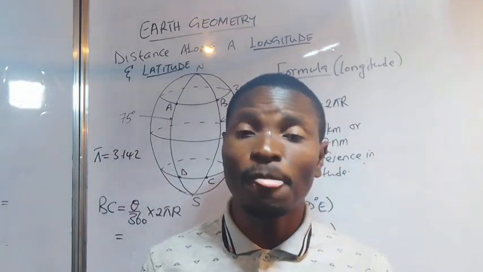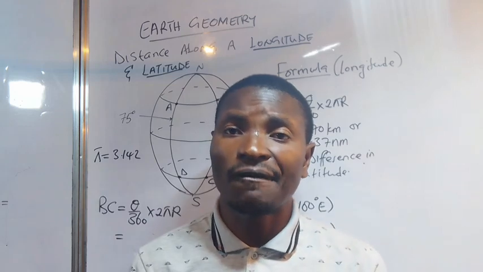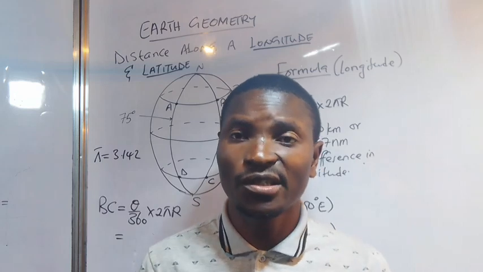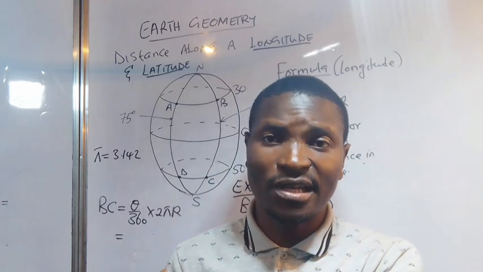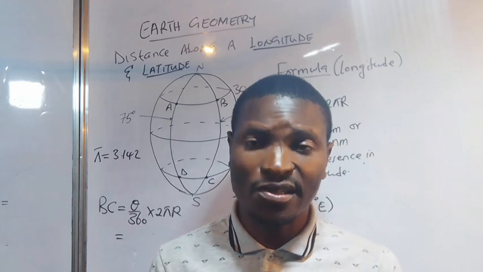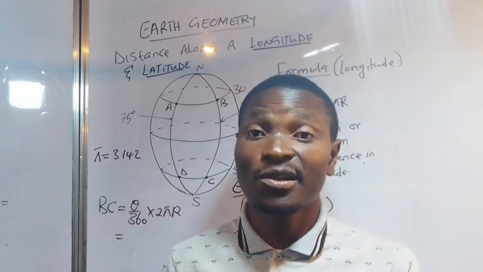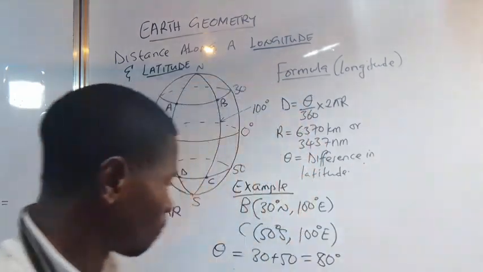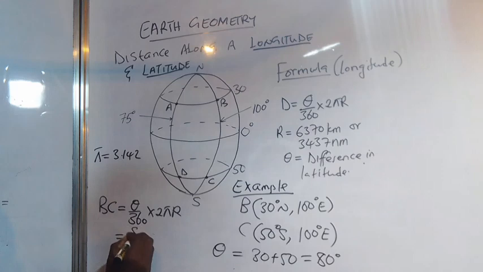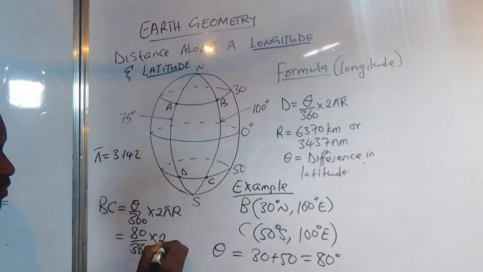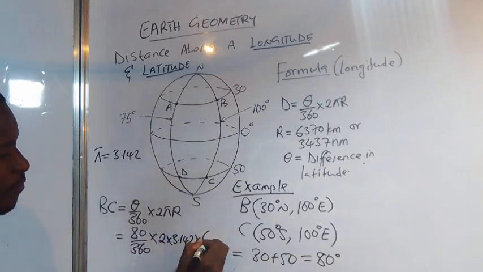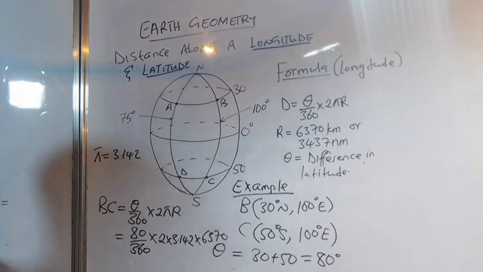So pi can differ depending on the question that you are answering in the final exam, or whatever kind of task that you're doing. So there, we're just going to say 80 over 360, multiplied by 2, multiplied by 3.142, multiplied by 6370.